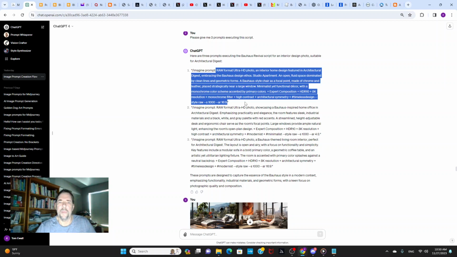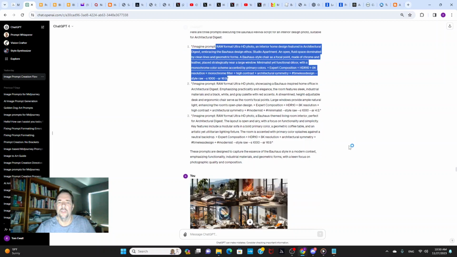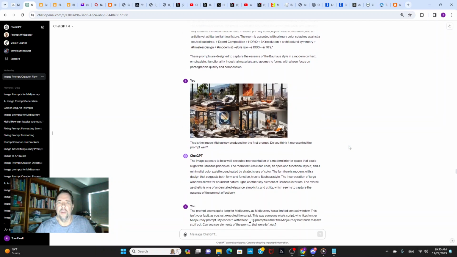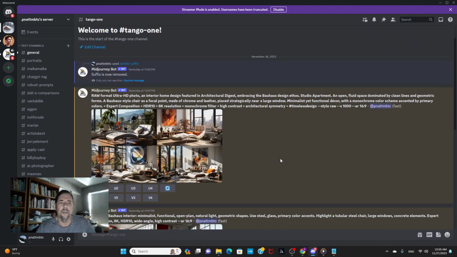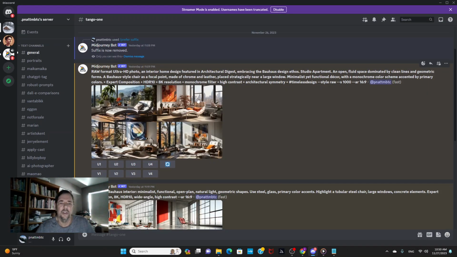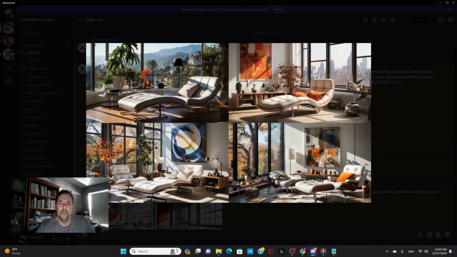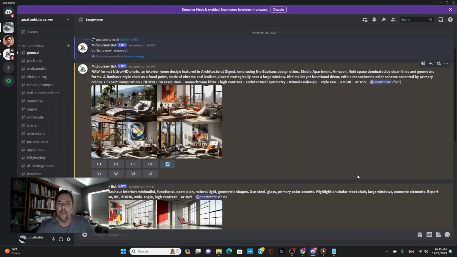But I was curious to see what it would look like, just the way that it was. So I ran the prompt, and this is what it came up with. Let me go to Midjourney here. So this is the result of the prompt here, and I'll make this a bit larger to be easier to see. And they're pretty nice images following the prompt that it came up with.